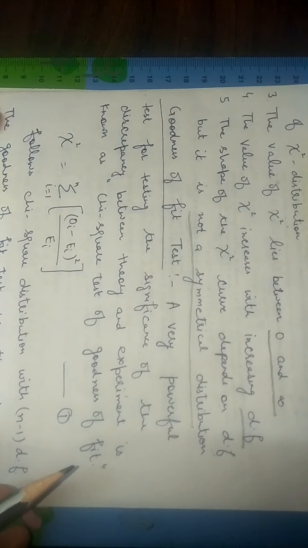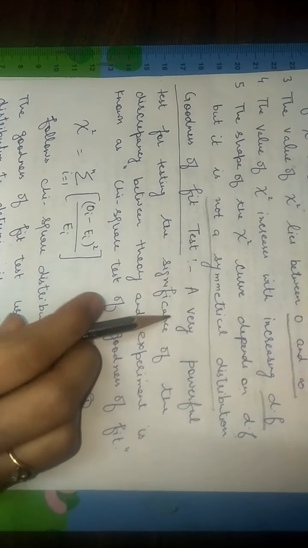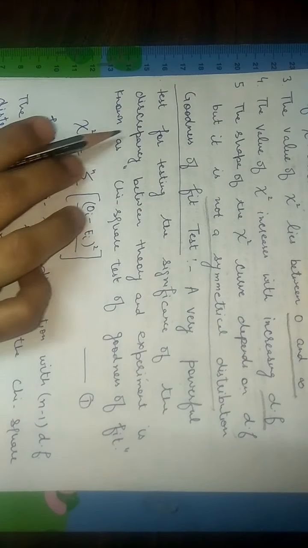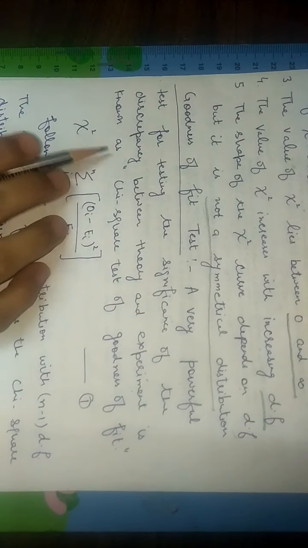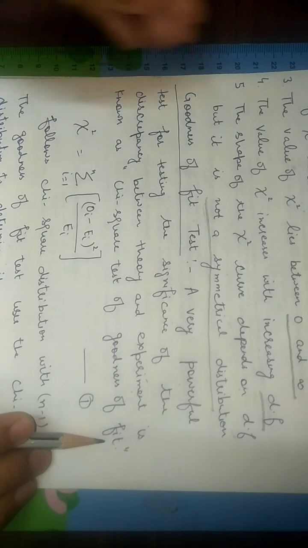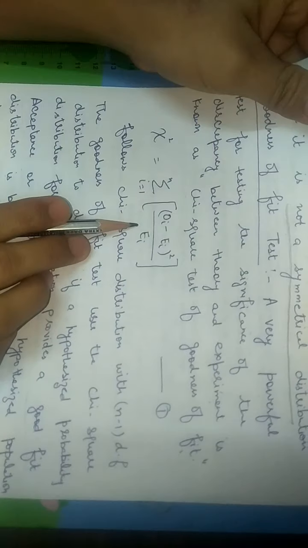Next, goodness of fit test. A very powerful test for testing the significance of the discrepancy between theory and experiment is known as the chi-square test of goodness of fit. And we know that the formula of chi-square is this.